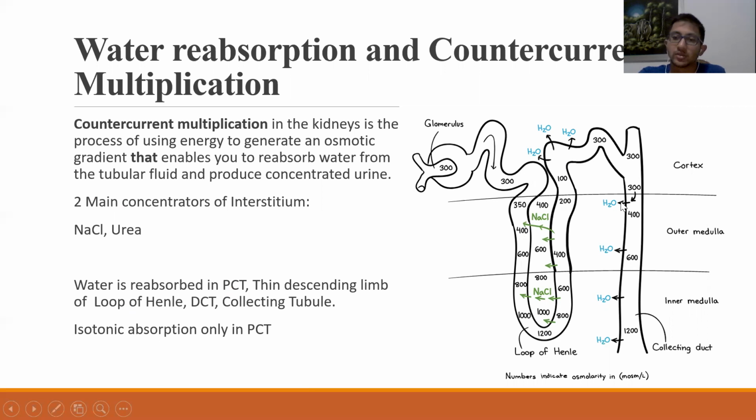We want to get it out of our body. We don't want a lot of urea inside our body as it can get toxic. But this part is permeable to urea, and since it's so concentrated over here, it's allowed to leave. It enters the interstitium, and because of that the interstitium gets really, really concentrated.